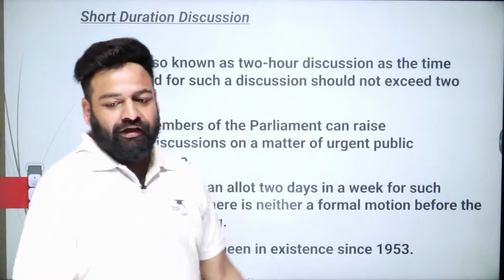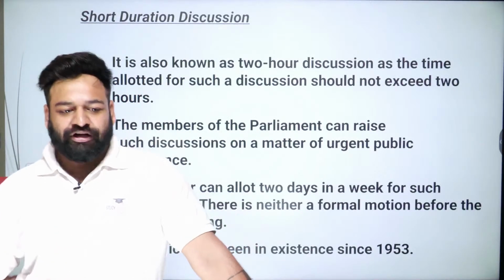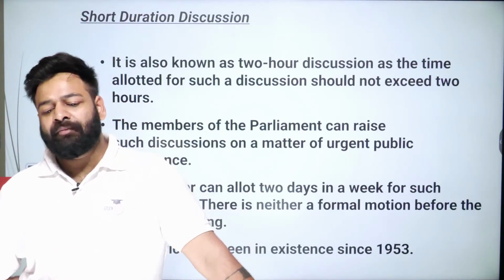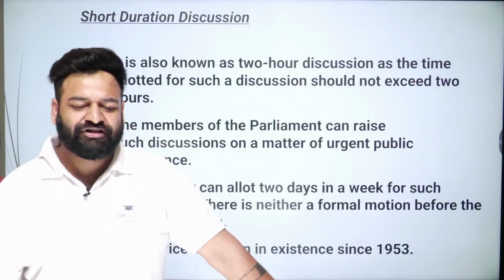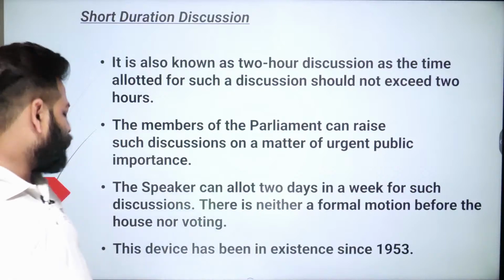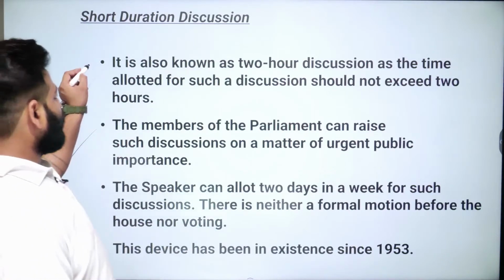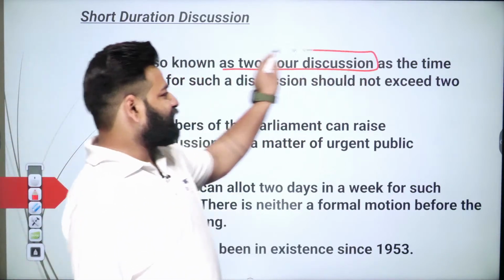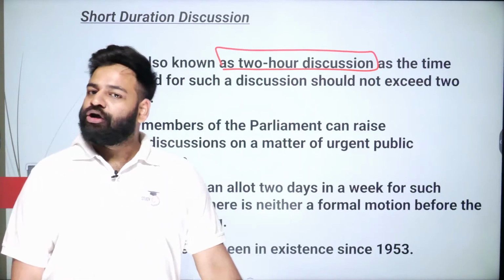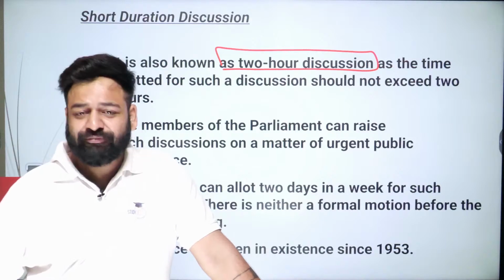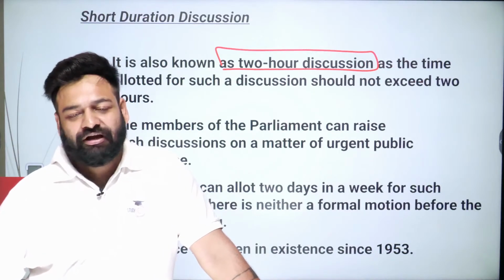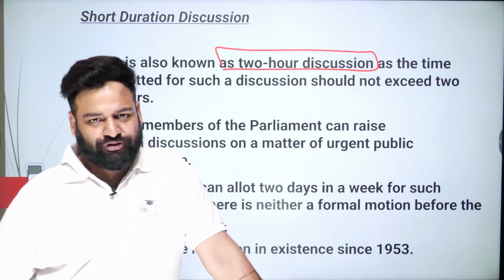Next, short duration discussion. Apart from half an hour discussion, we have got the short duration discussion, which goes on for 2 hours, so it is known as the 2-hour discussion. Half an hour discussion: 30 minutes, 3 days a week, deciding authority the speaker or chairperson in case of Lok Sabha, Rajya Sabha.